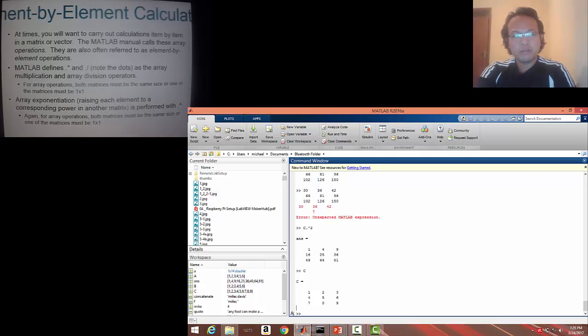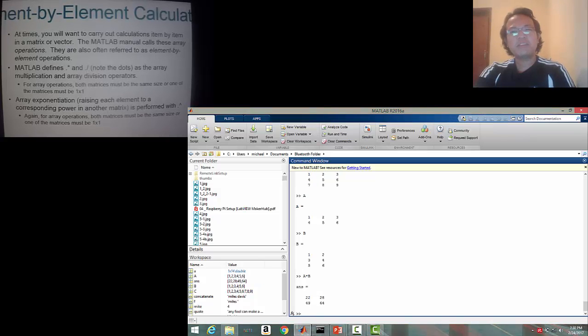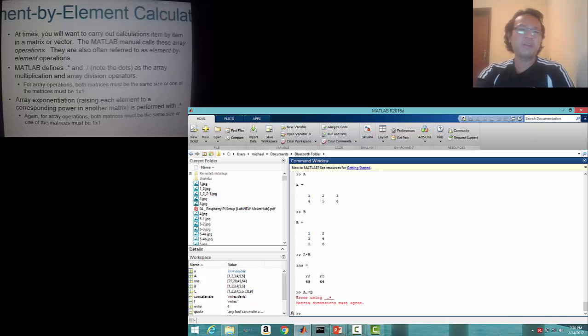For example, let's look at A again and B. A and B, matrix multiplication, possible. Is it possible to multiply this one element by element? What do you think? Oh, it's not possible because matrix dimensions must agree.